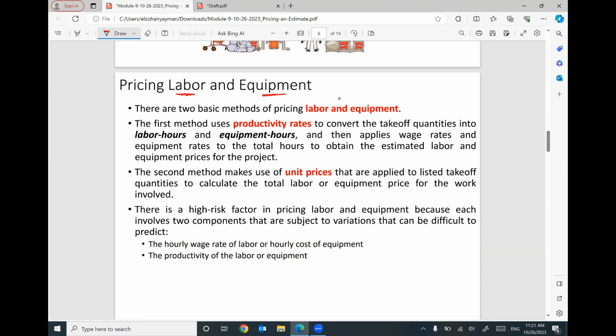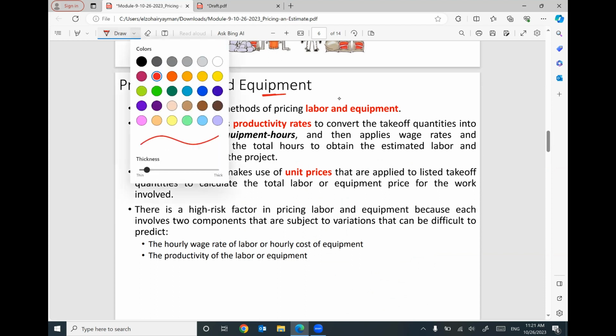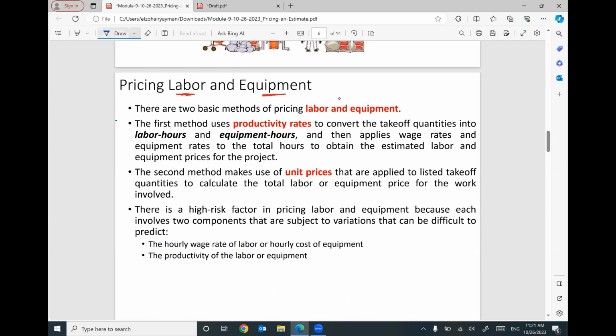To price your labors and the equipment, we have to consider a very important factor, which is called productivity rate. Because the productivity rate will determine how many days you need to work, how many labors you need to hire, how many equipment you need to rent.